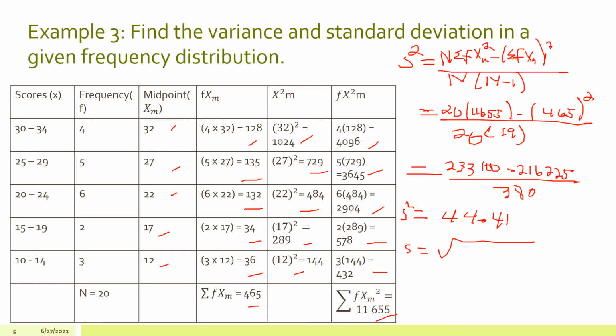The square root of 44.41 is approximately 6.66. So the standard deviation is 6.66. We have seen the last two measurements of variance. If the value of S becomes larger, it indicates that there is a greater spread of scores, or an individual score is farther from the mean. So the scores are far from the mean.